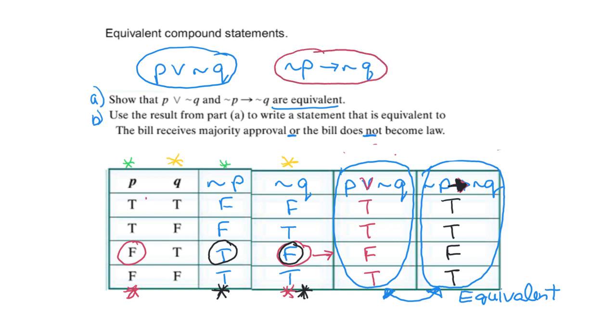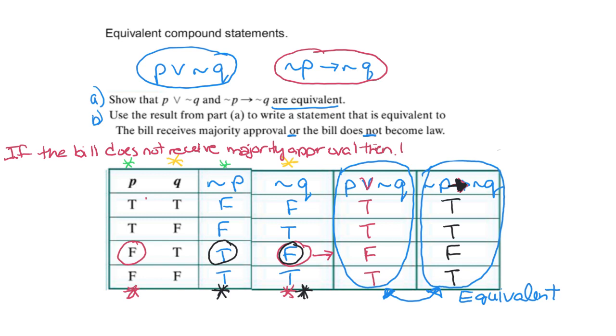So we have if not P. We need to make sure to put if the bill does not receive majority approval, then we have the conditional, so we'll write then, and we have not Q. Not Q is the bill does not become law.